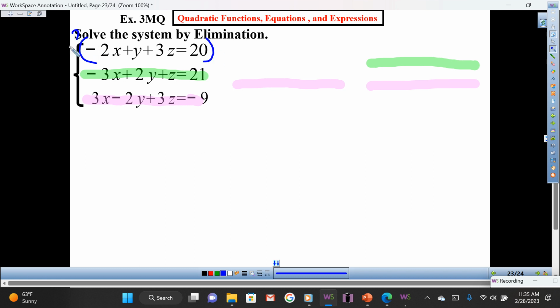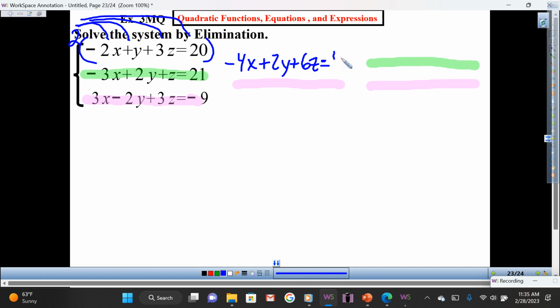Times 2, and that goes right here. So let's do that top one and write it right here. So 2 times negative 2, that's negative 4x. 2 times y, that's positive 2y. 2 times 3z, that's positive 6z, equals, and 2 times 20, that is 40.